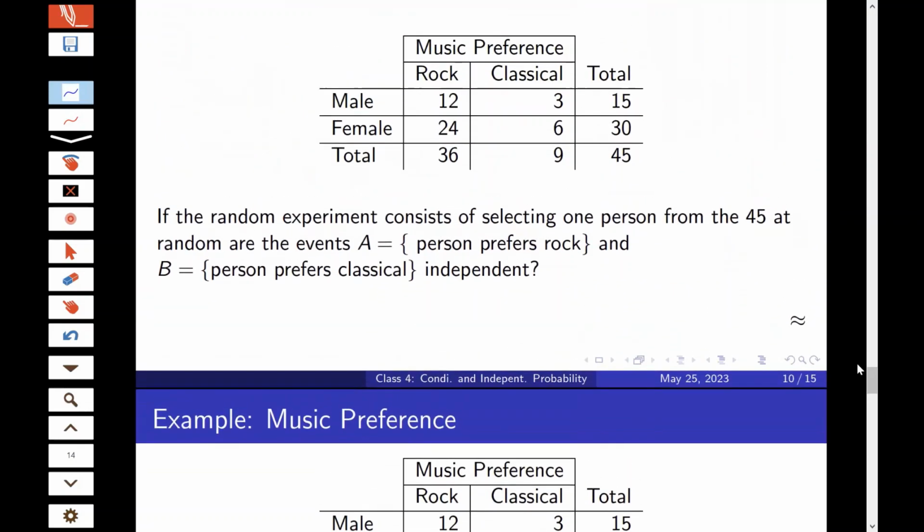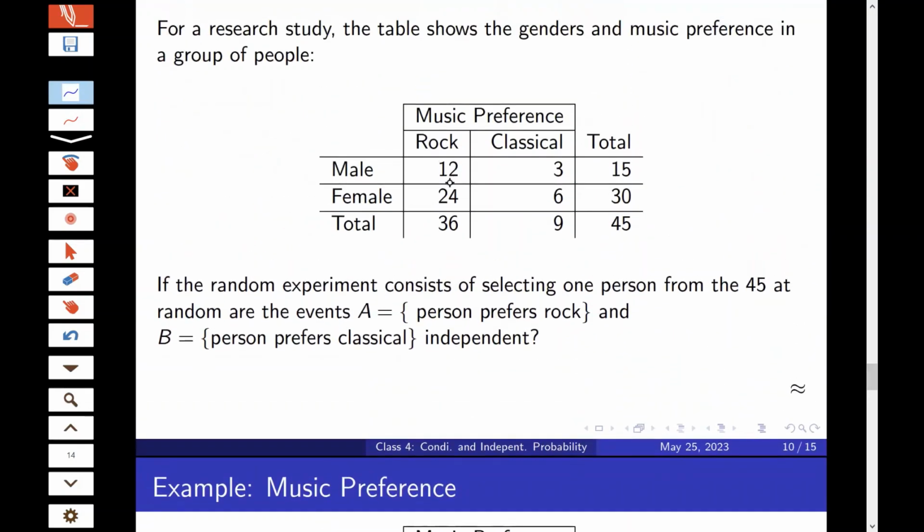Okay, so let's see how we can approach this type of question. First of all, check the table: 12 males prefer rock and 3 prefer classical. Of the females, 24 prefer rock music and 6 prefer classical. If you get the row totals, you will get the total number of men and the total number of women in this study.